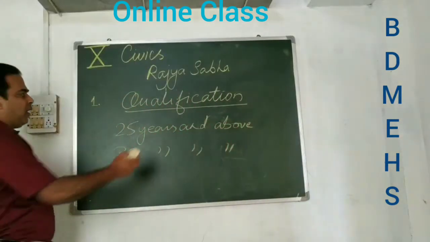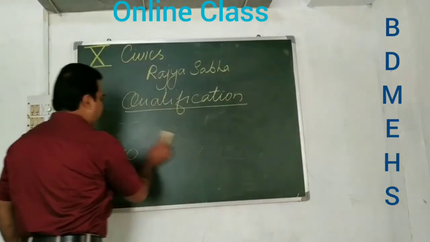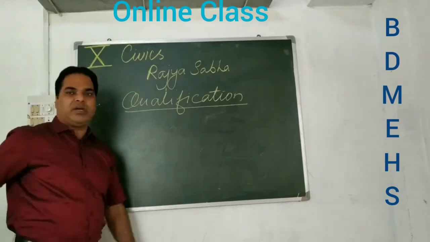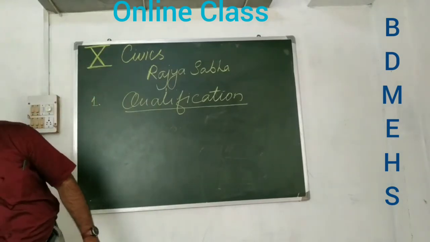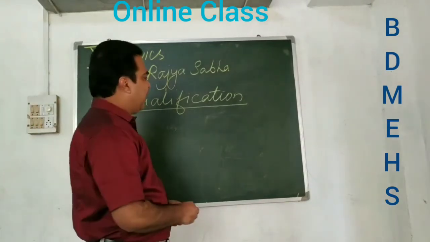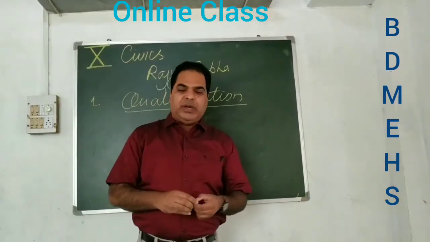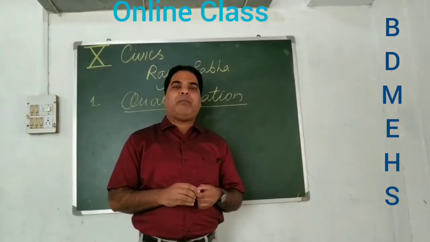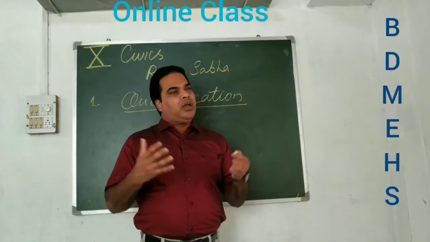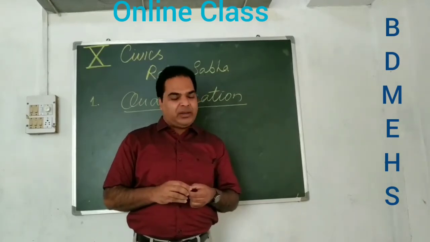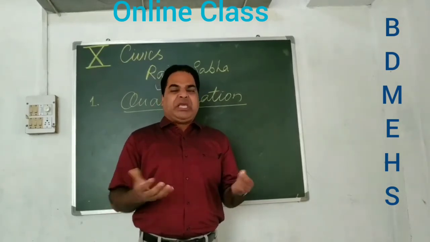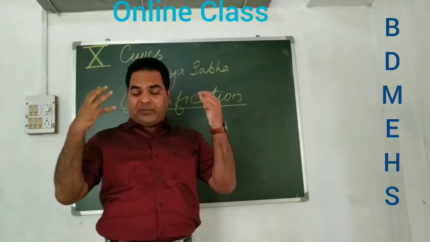Apart from this, the person must be a citizen of India. Third, the person should not be a bankrupt. A person should not be insane, or we can say the person should be of sound mind.